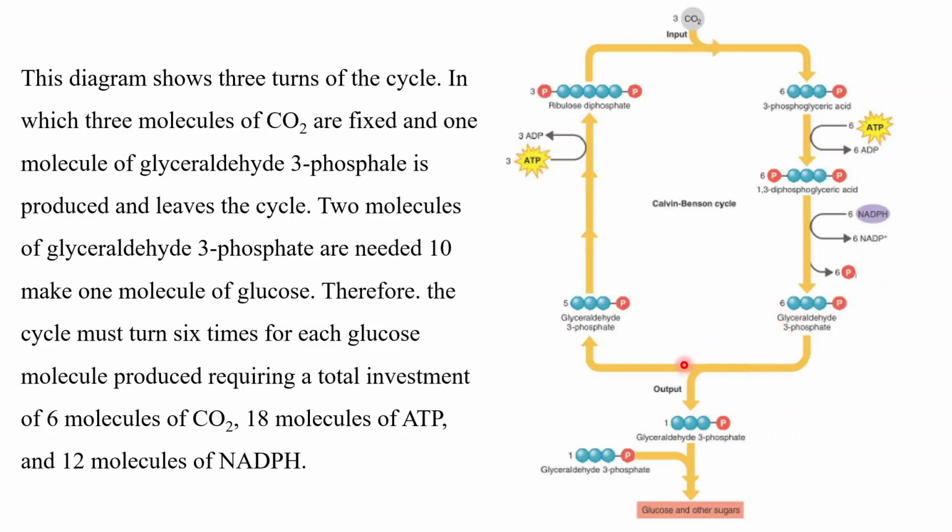Glyceraldehyde 3-phosphate then leaves the Calvin cycle, and two glyceraldehyde 3-phosphate molecules join to form glucose and other 6-carbon sugars. So the final product of Calvin cycle will always be glyceraldehyde 3-phosphate. Glucose is not a part of Calvin cycle, although glyceraldehyde 3-phosphate later leaves the Calvin cycle and then glucose is formed. So that is one thing to take care of.